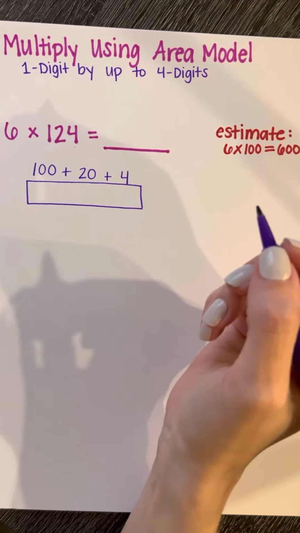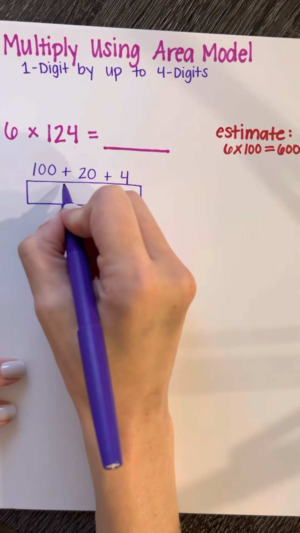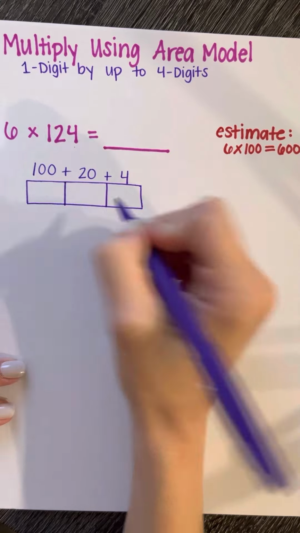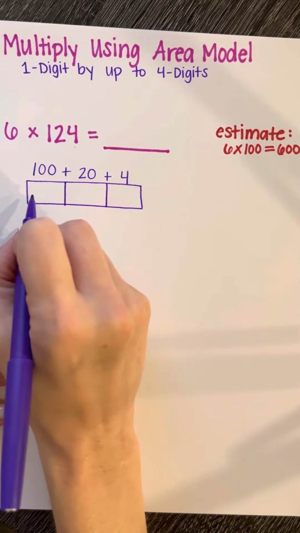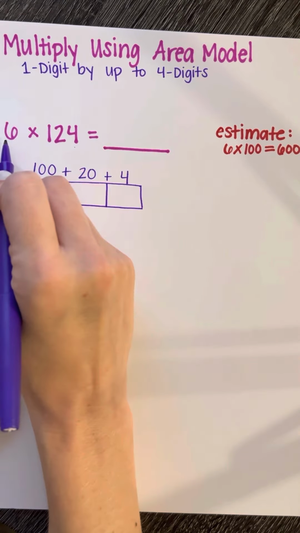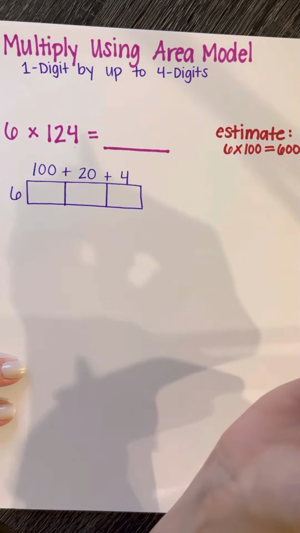What we're going to be doing is getting 3 different parts of a product. Every time you see an addition sign, you can go ahead and section off your box. Since we're multiplying each one of these values by 6, we can write a 6 on the left side of our box.